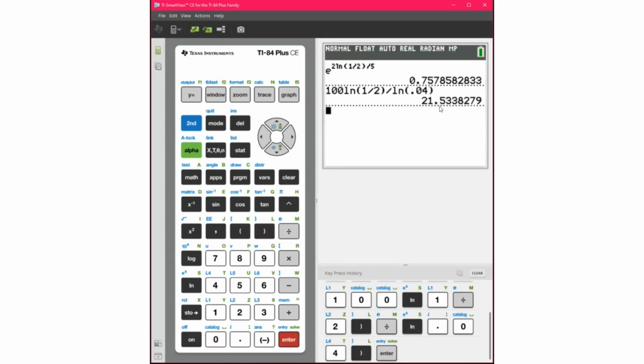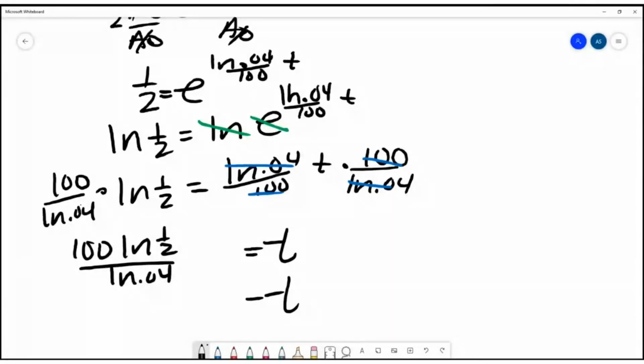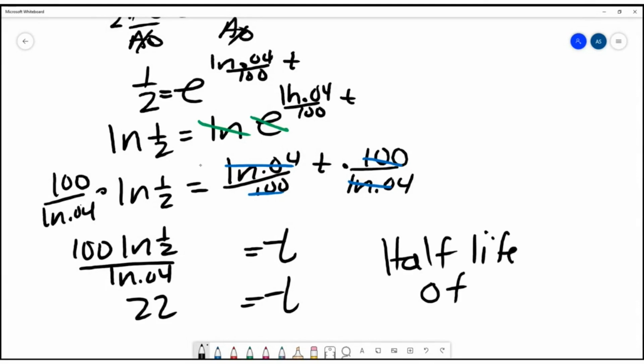We have 21.5338. We'll round that to the nearest day. So we have a half-life of 22 days.